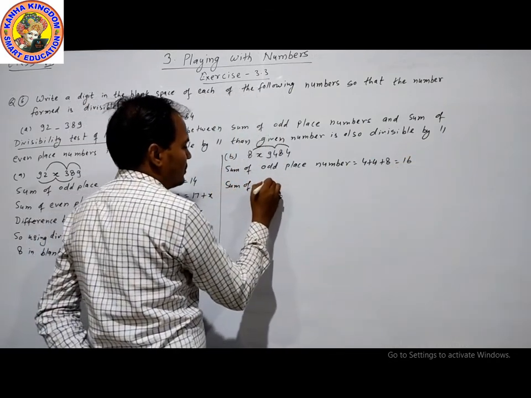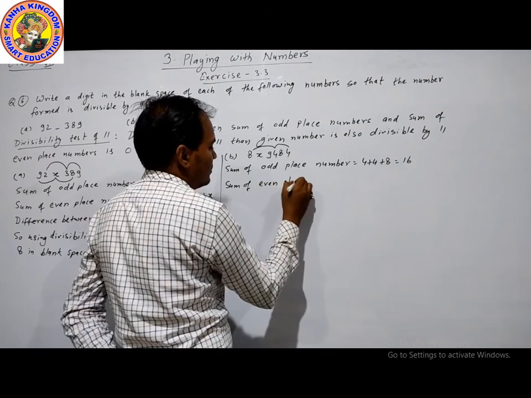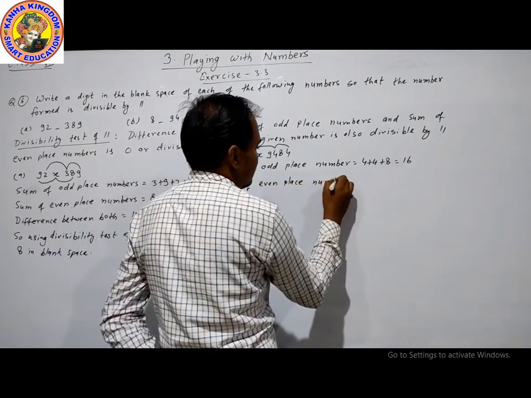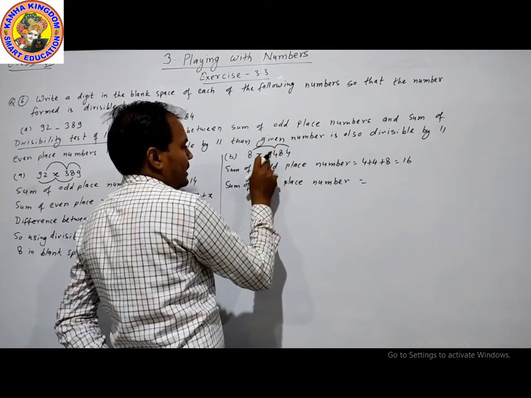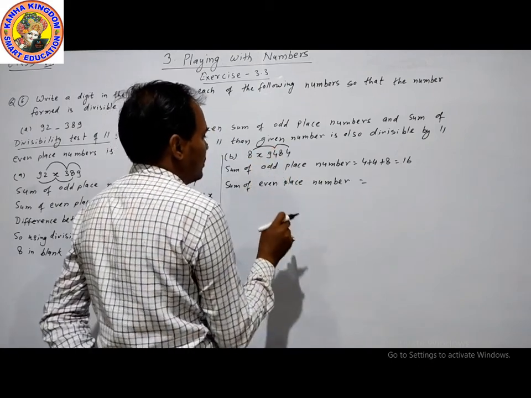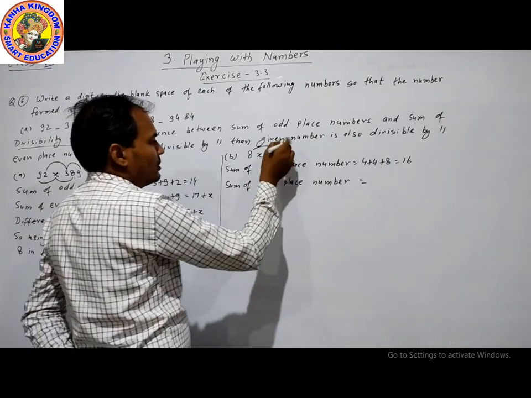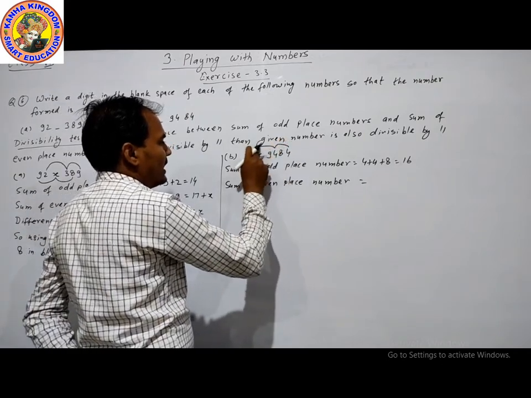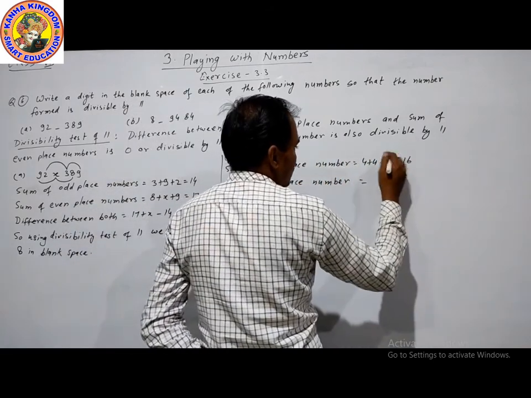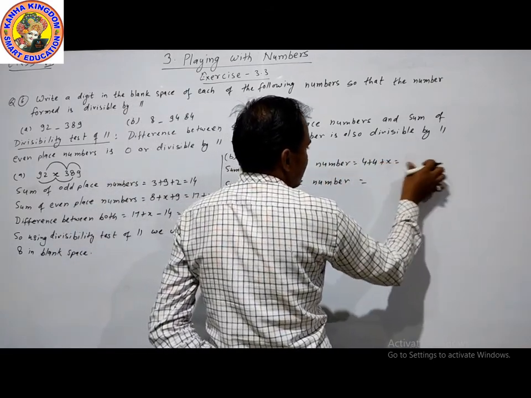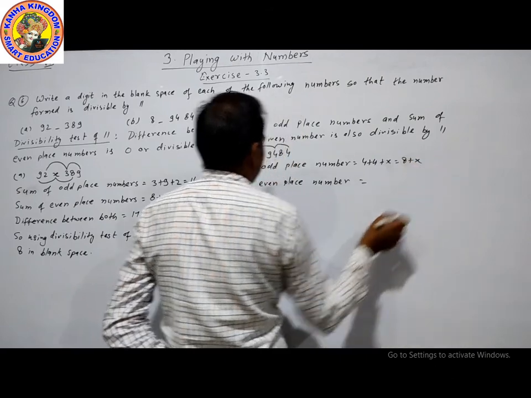Sum of even place numbers: 4, 4, x. The answer is 8 plus x.